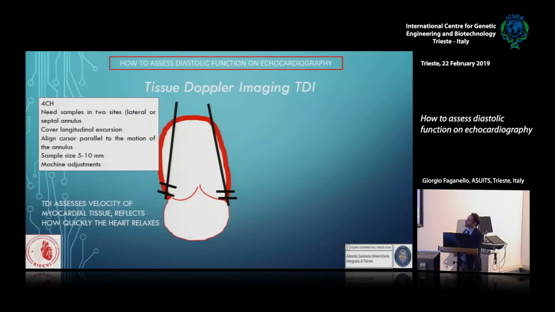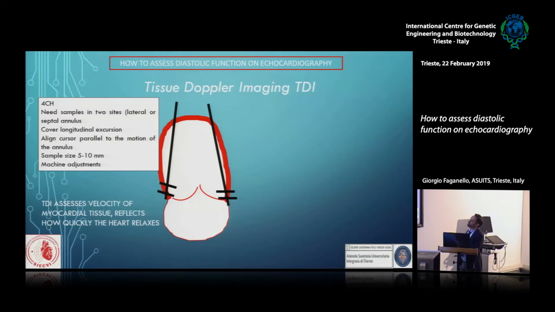So, four-chamber view, you will get this TDI from the septal or from the lateral wall, it depends. You can do both the septal and the lateral wall, and then you can do your average.